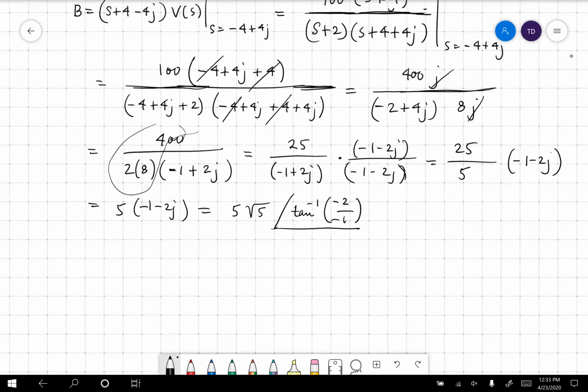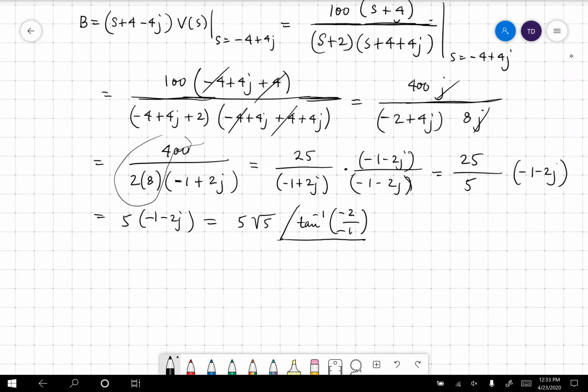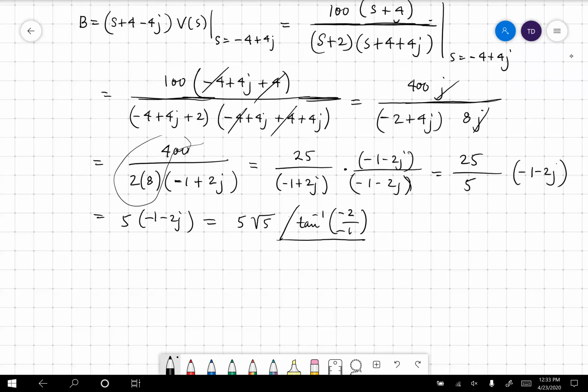All right, we have all of our information. So if I remember correctly, we had our V of S was equal to 10 over S. I believe A was 10.